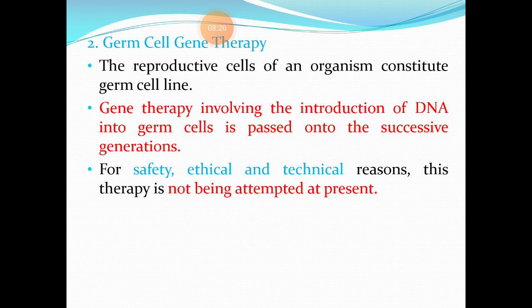Gene therapy involving the introduction of DNA into these germ cells is called germ cell gene therapy, and please note it is passed on to the successive generations, which doesn't happen in somatic cell gene therapy. But for safety, ethical and technical reasons, this therapy is not being attempted right now.